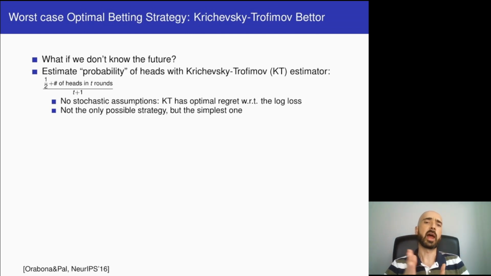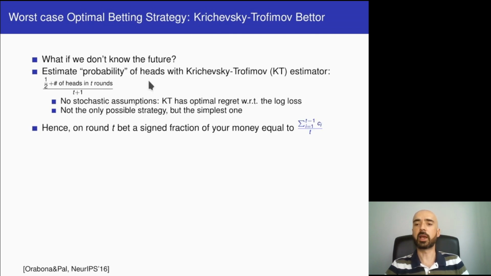So the probability of heads, let's say that heads is the one that is appearing more often, in the past. So what you do is that you count the number of heads in the past, you add 1/2, and you divide it by number of rounds plus 1. Okay, so this is your estimate of the probability. And now you still use a Kelly betting approach. You bet twice this fraction minus 1 of the money in each round.